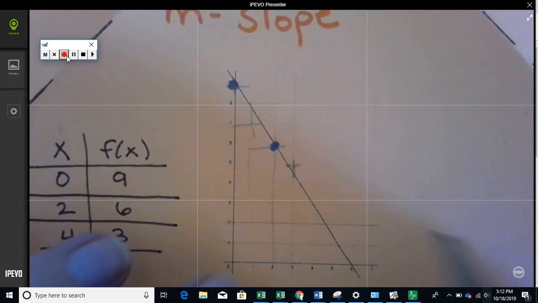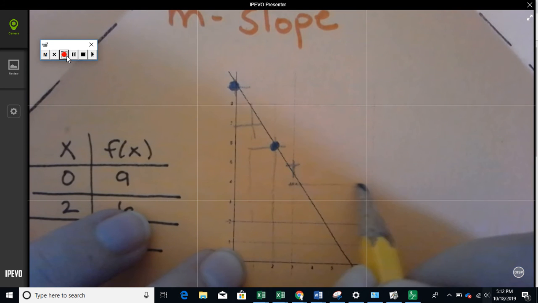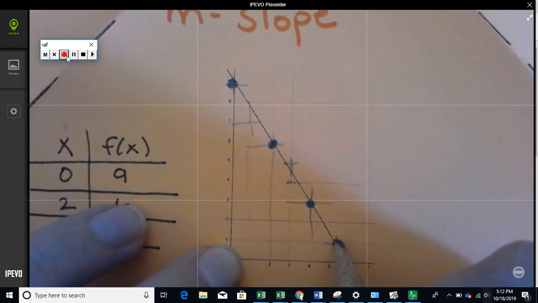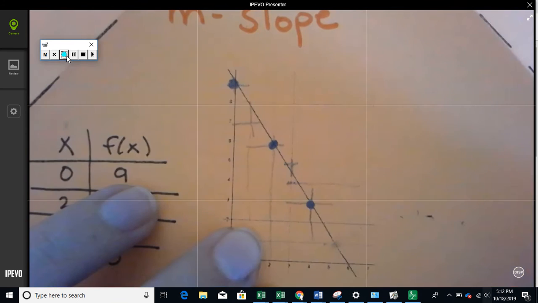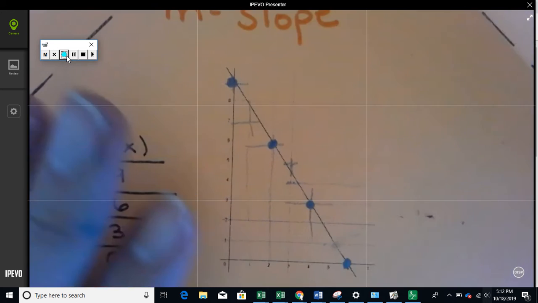This is a horrible example. This one does not, this one does. Sorry, this is a very, very awful graph.